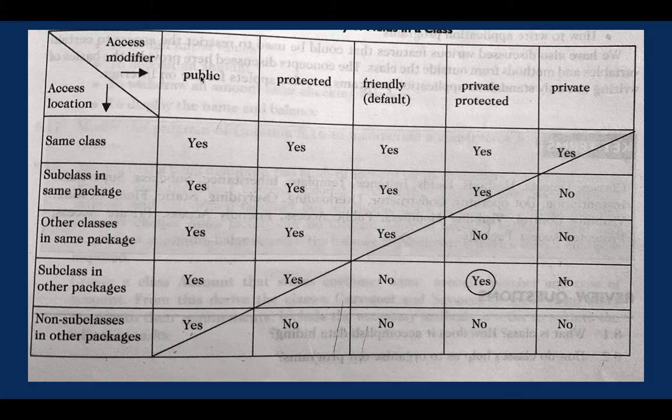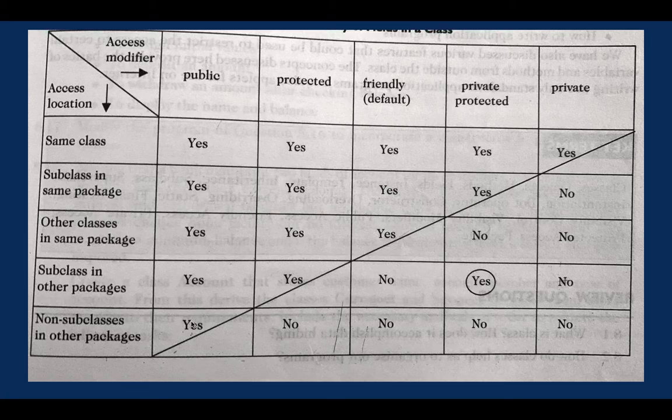With the help of this we'll see that if any member is declared as public, it will be accessible within the class where it has been declared, as well as to its subclass within the same package, or to any other class of the same package to which this class belongs, or to a subclass in the other package also, as well as to any non-subclass.